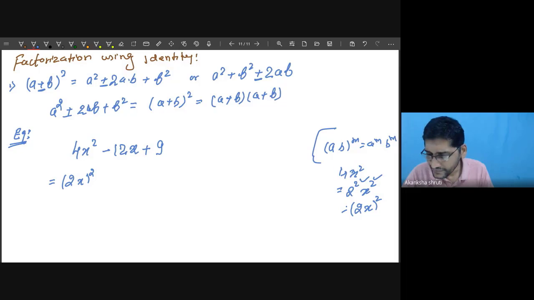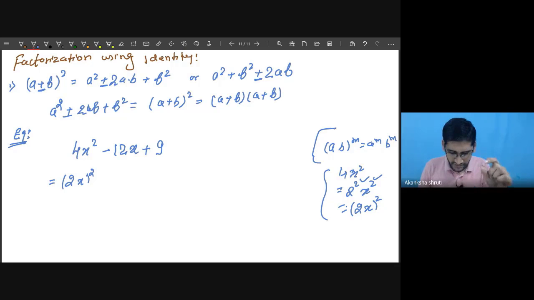Correct? So this way we shall understand: convert the first term into one term whole square.